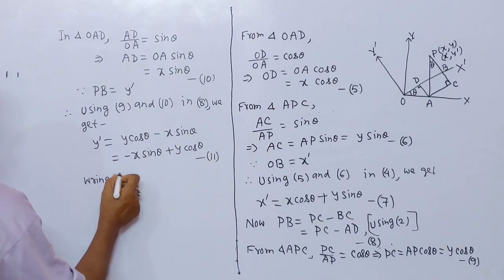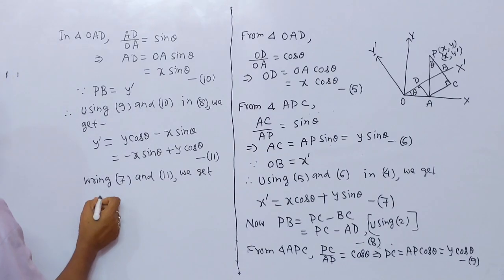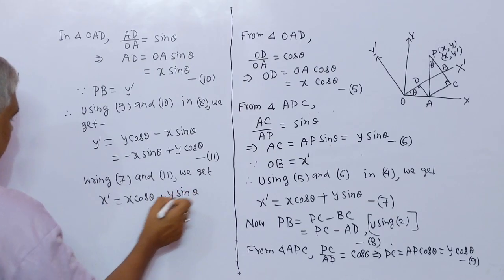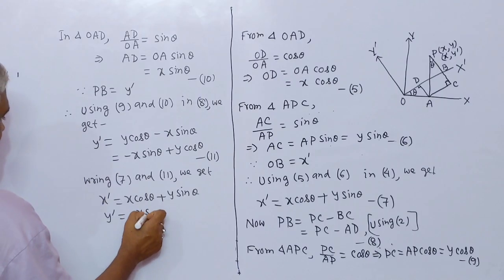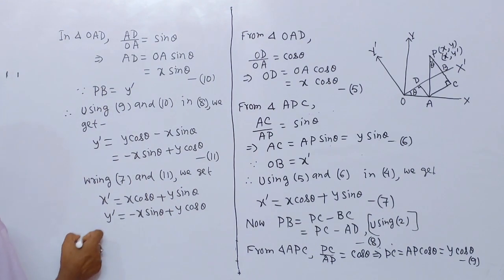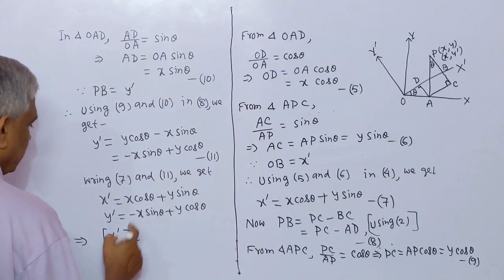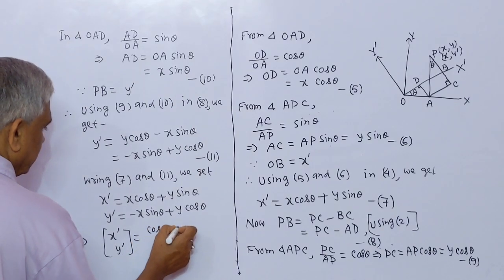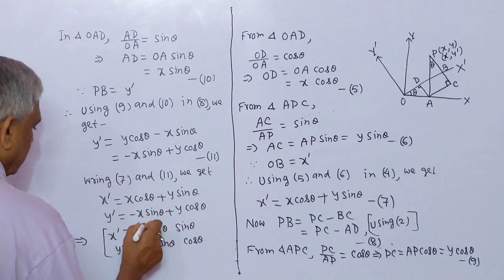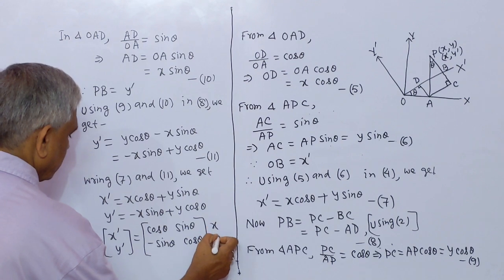Writing 7 and 11 we get x prime equal to x cos theta plus y sin theta, y prime equal to minus x sin theta plus y cos theta, which implies that in matrix form, x prime y prime column matrix equals the matrix cos theta sin theta minus sin theta cos theta, this is the coefficient matrix, times the column matrix x y.